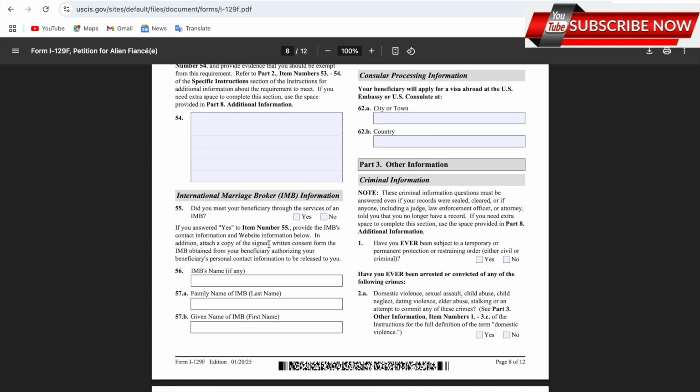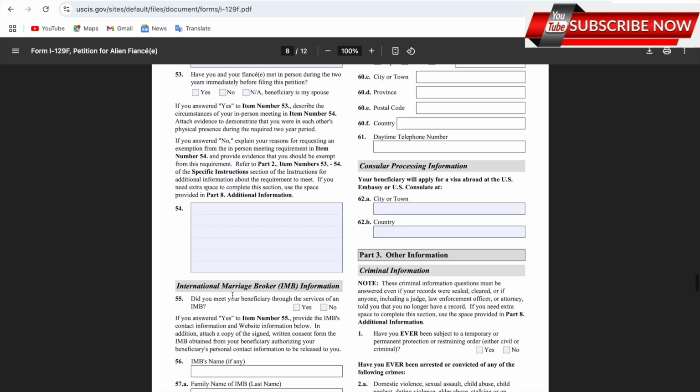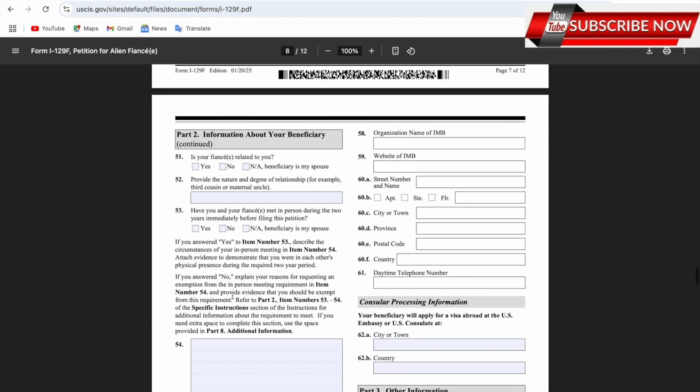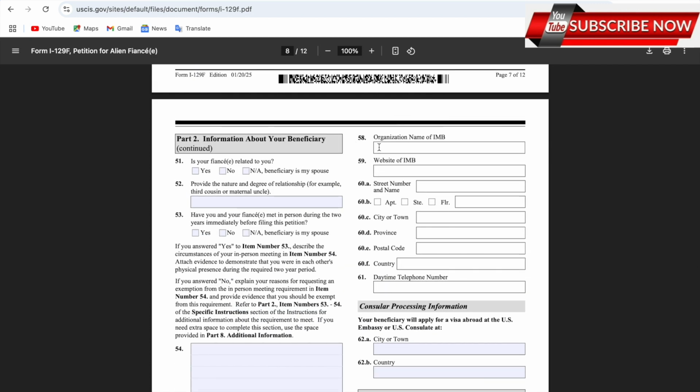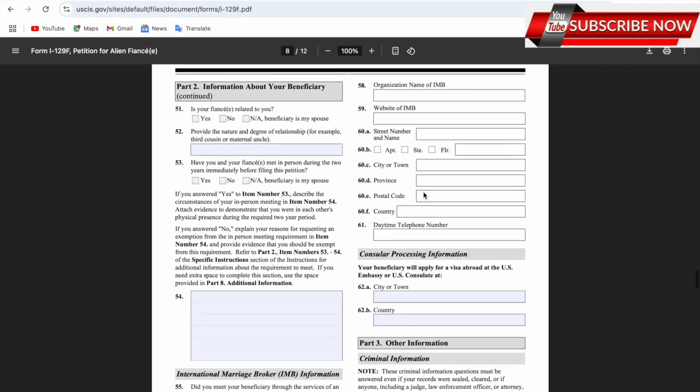It kind of raises a red flag. But if you unfortunately get into that part, you have to fill this side out, because that probably is an arranged thing. You fill out this part and continue with the information about the IMB, the international marriage broker.